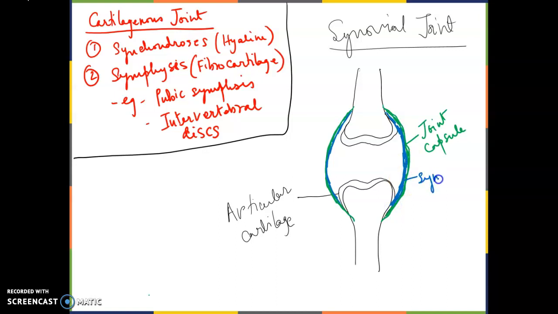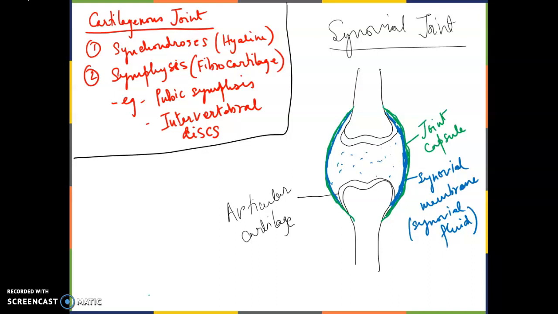And remember, the synovial membrane produces synovial fluid. So the function of synovial membrane is to produce synovial fluid that lubricates the joint cavity. So we have synovial fluid in between the bones in the joint, filling up the joint capsule.